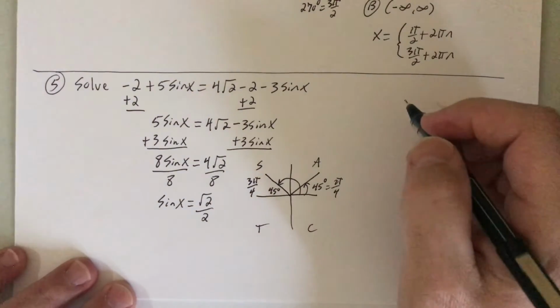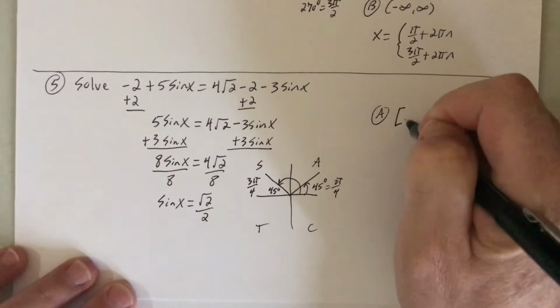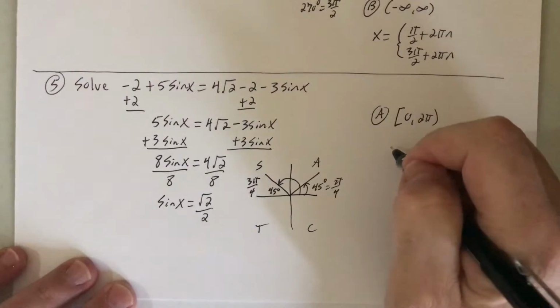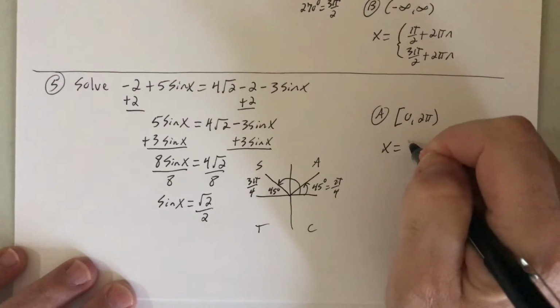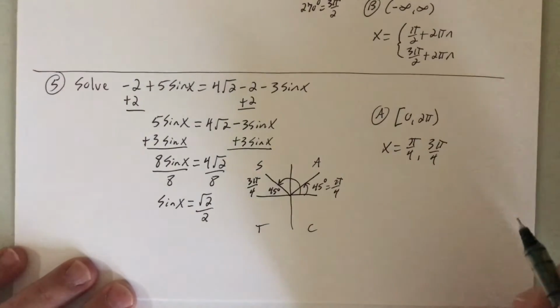Again, I didn't specify the interval, so let's say from 0 to 2 pi. Our answer would be x is equal to pi over 4, comma 3 pi over 4.